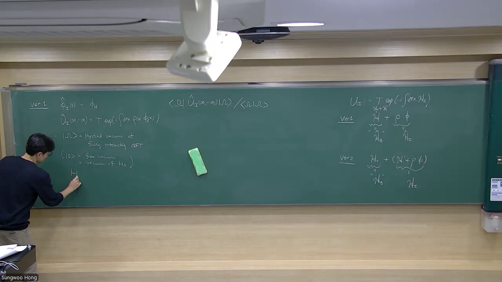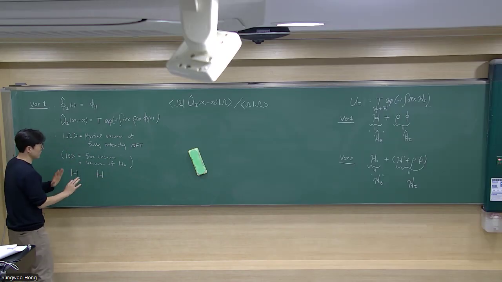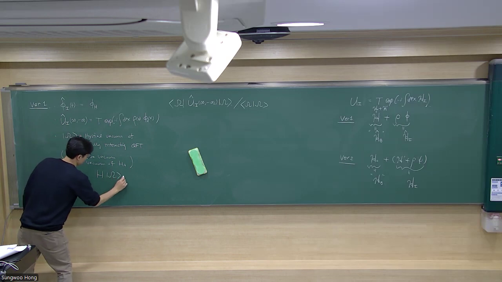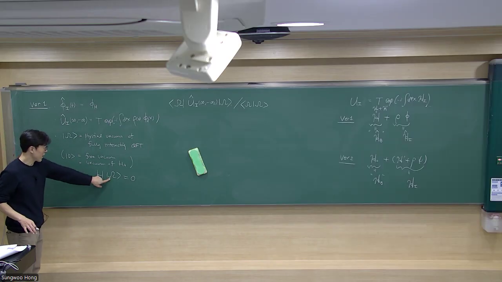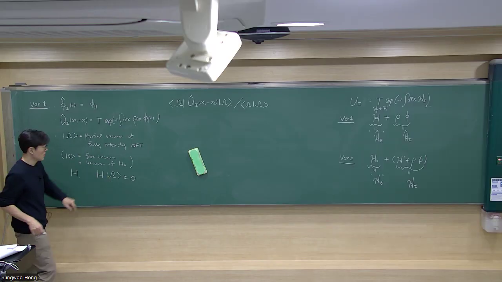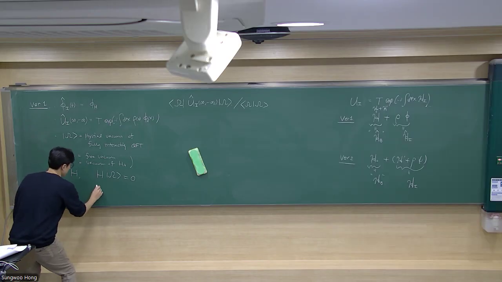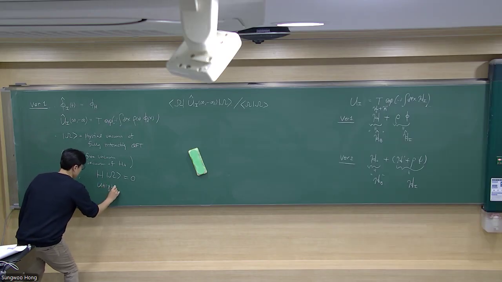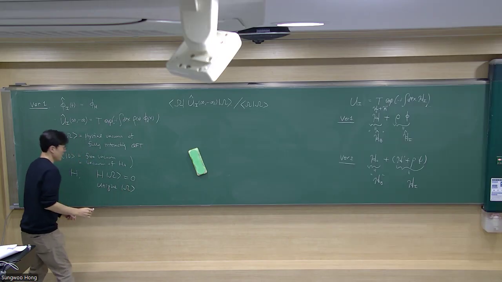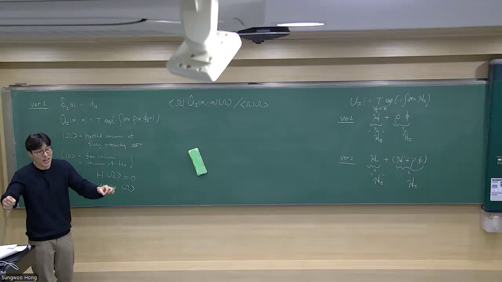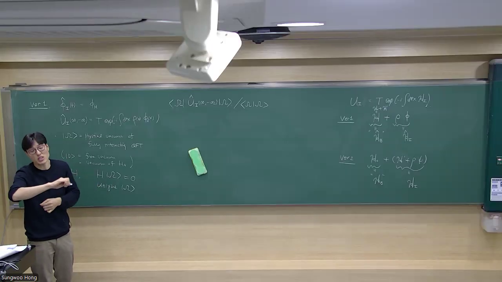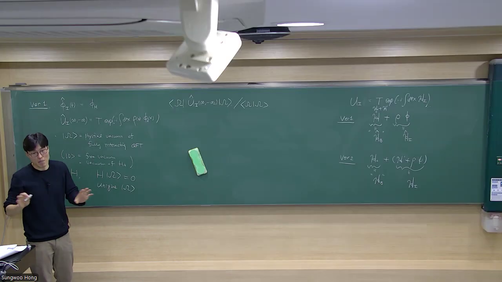So given H, for now let me define my physical vacuum as this, and let me assume that it is unique, meaning I'm not worrying about the possibility of many degenerate vacuum structures, which is ubiquitous in field theory, but I'm not running into that complication for now.